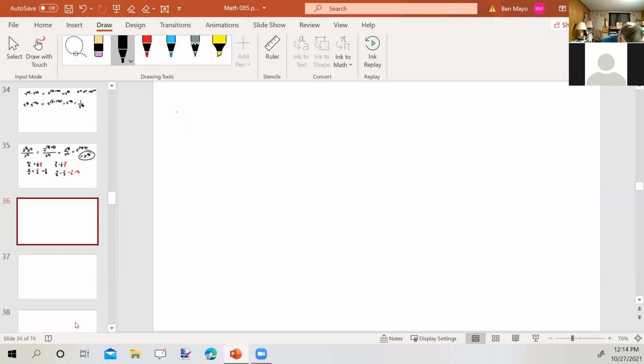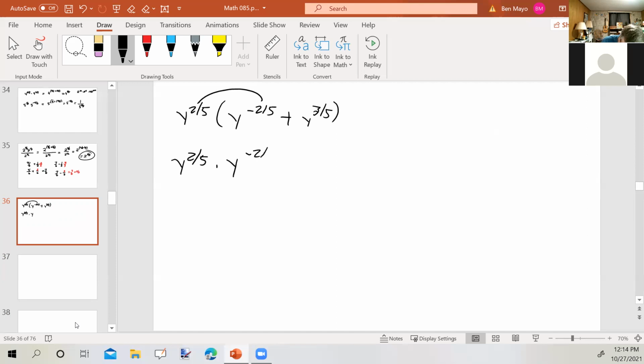Distributive property. Let's see, we've got y to the 2/5 power times the quantity y to the negative 2/5 plus y to the 3/5 power. So distributing, I get y to the 2/5 power times y to the negative 2/5 plus y to the 2/5 power times y to the 3/5 power. Multiplying two powers with the same base, add the exponents.